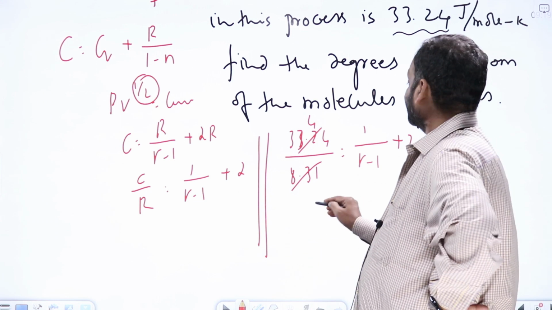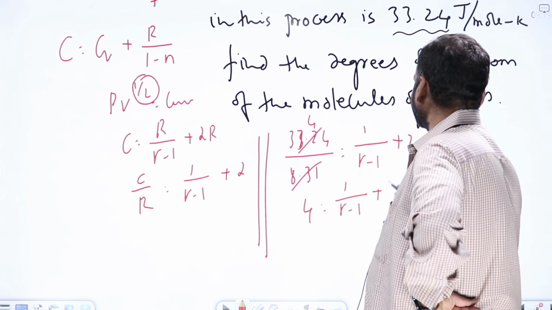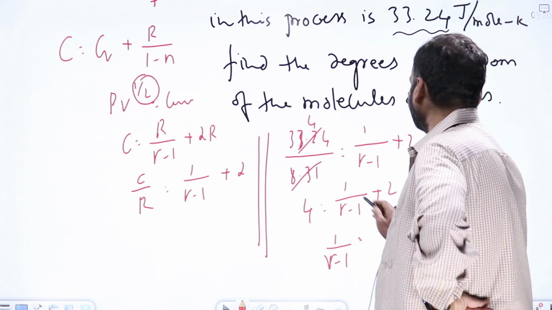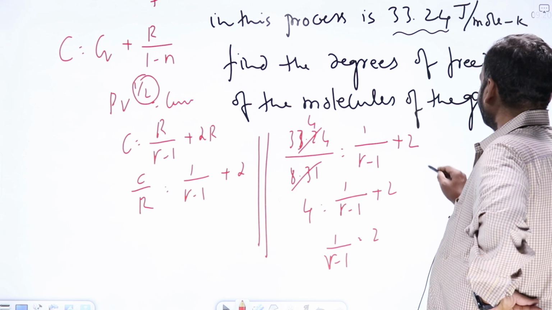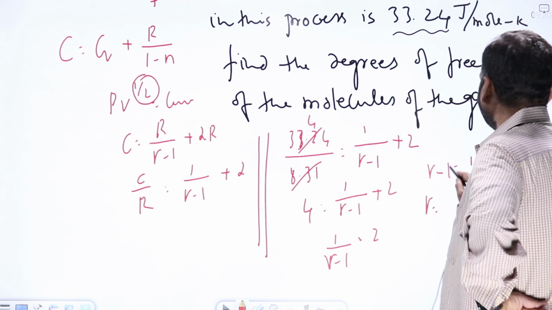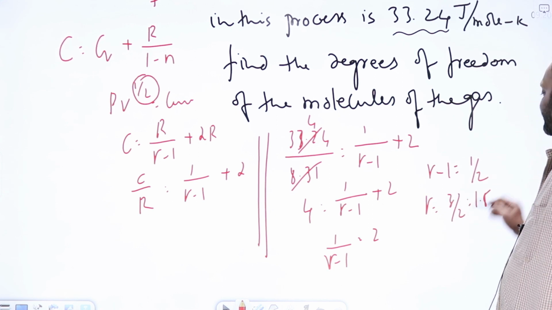So 4 equals 1 by (gamma minus 1) plus 2, or 1 by (gamma minus 1) is equal to 4 minus 2, which is 2. Or gamma minus 1 equals 1 by 2, gamma equals 1 plus half, 3 by 2, that is equal to 1.5.